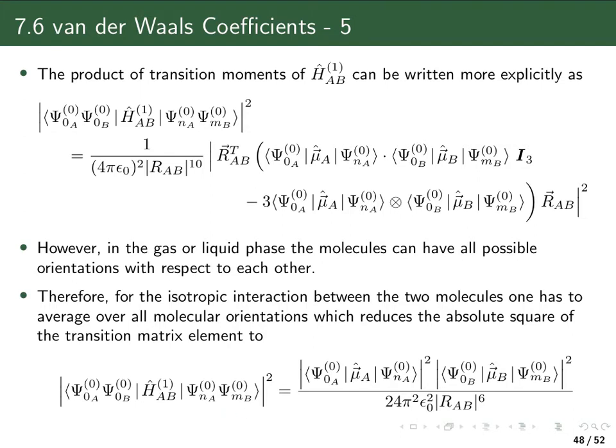Then the transition moment can be written in this form, where we just separate the transition moment for molecule A squared times the transition moment for molecule B squared, now divided by the distance between the two molecules to the 6th power.